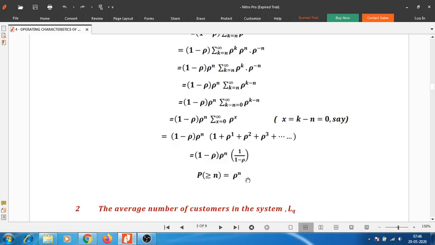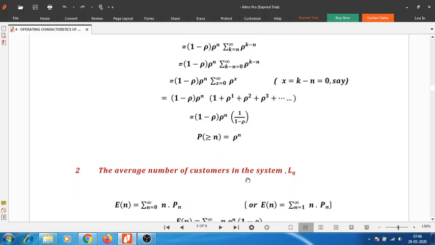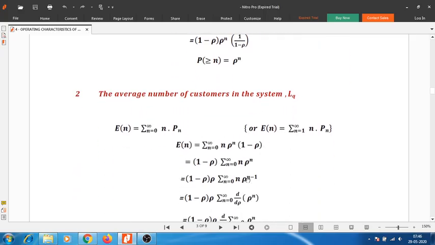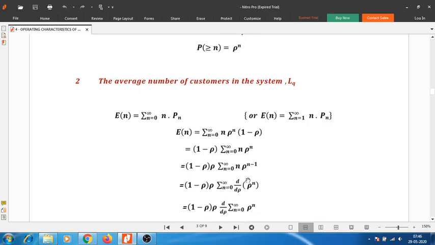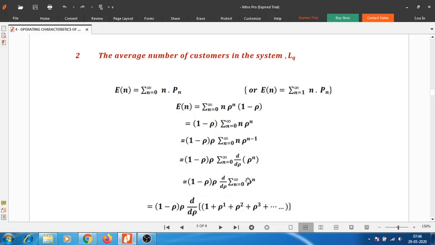Second one, the average number of customers in the system. Sorry, here there is a small notational inconvenience, that is equal to LS.